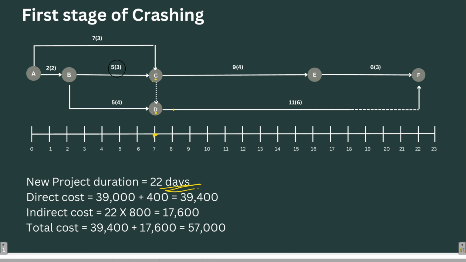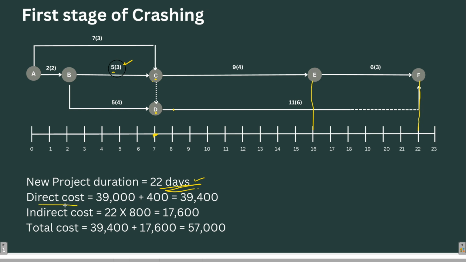Rest everything will be the same, apart from BC, whose normal duration was 6 days, which has converted to 5 days only. So the new project duration will be 22 days.